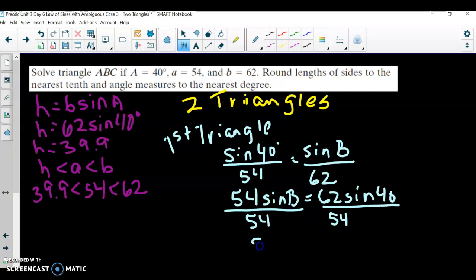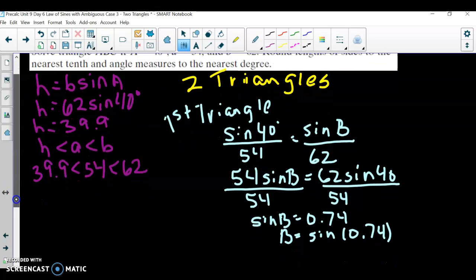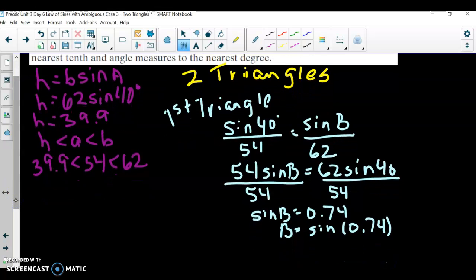And we get that sine of B is 0.74. So now to solve for B, we have to take the inverse sine of 0.74. And B is about 48 degrees. This is the first angle that B can be.